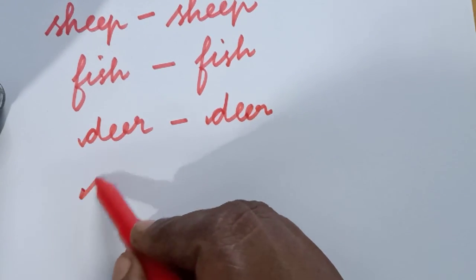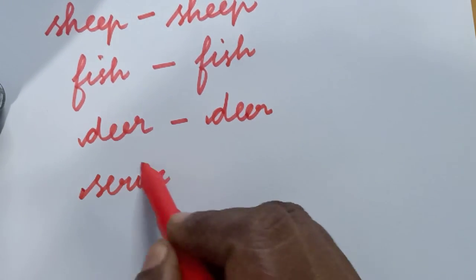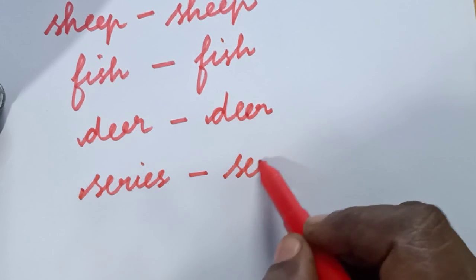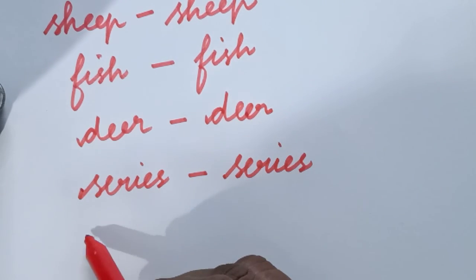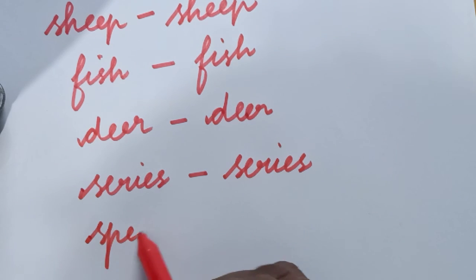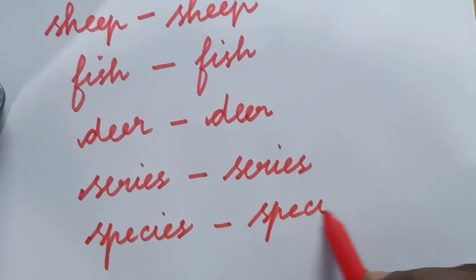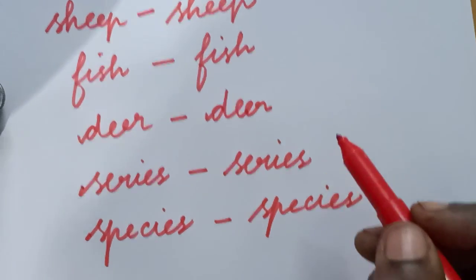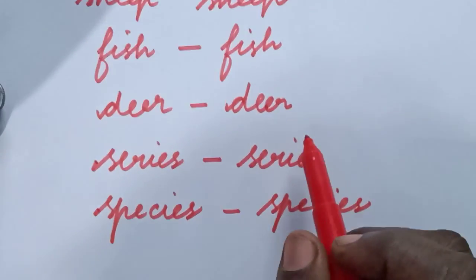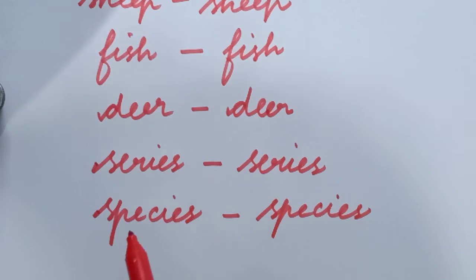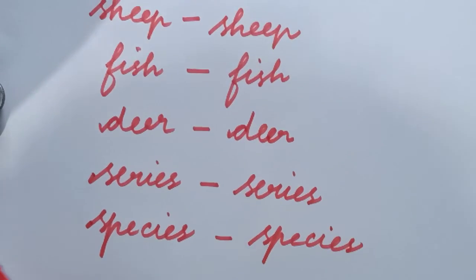And series. Here again series. And then species. This will also be species. Understood? So these nouns will not have any change at all in singular as well as in plural.